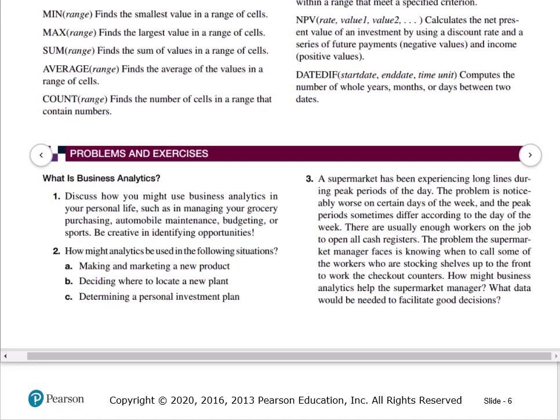Now let's look at B, deciding where to locate a new plant. So this is going to be comparing costs of different locations. Maybe you want to be in the city, or do you want to be out in the country? Do you even want to be in the United States, or do you want to be in another country? All of these are things we want to look at to maximize not only efficiency, but the location of where it is. You want to minimize your overall costs.